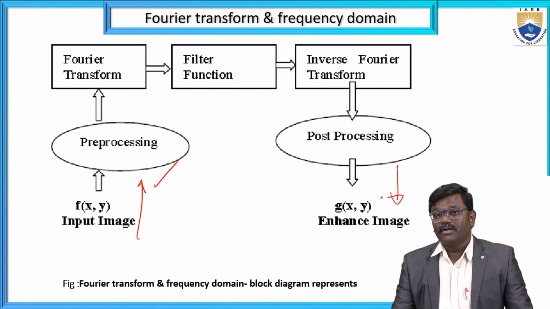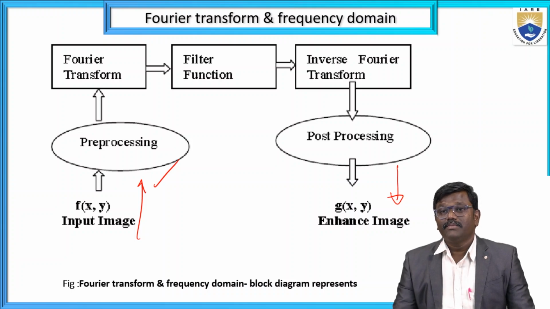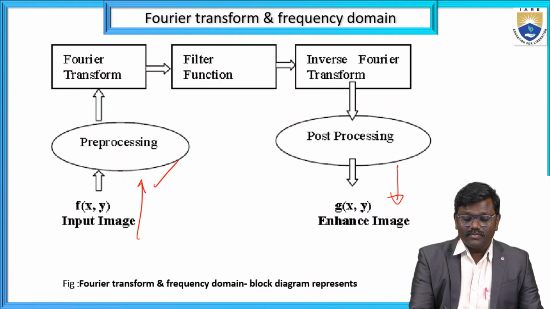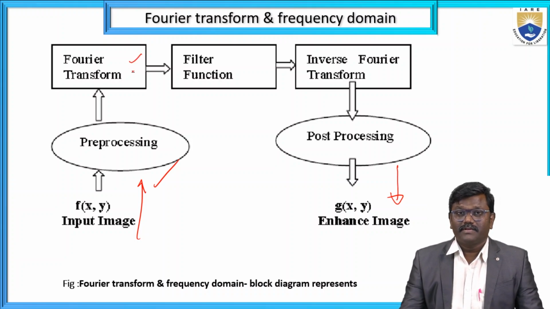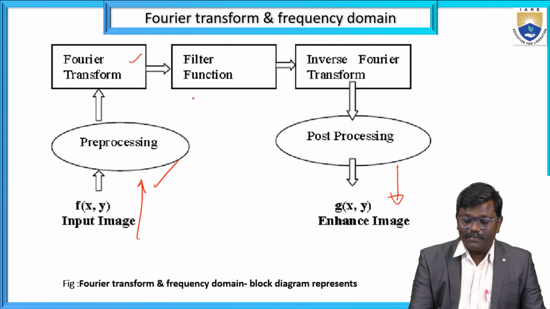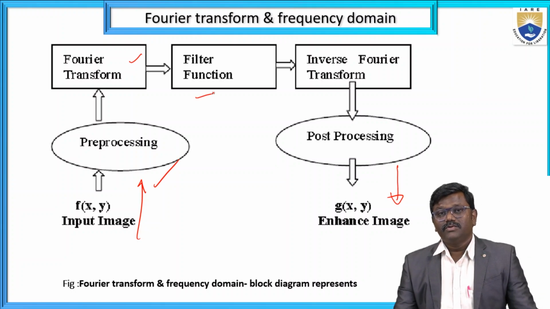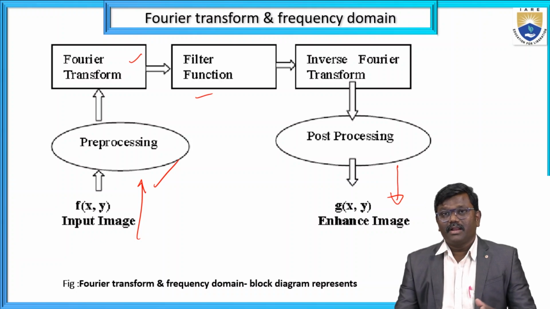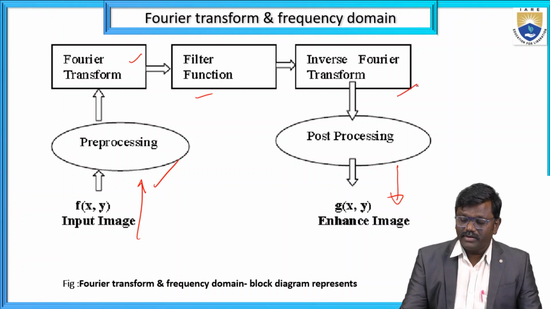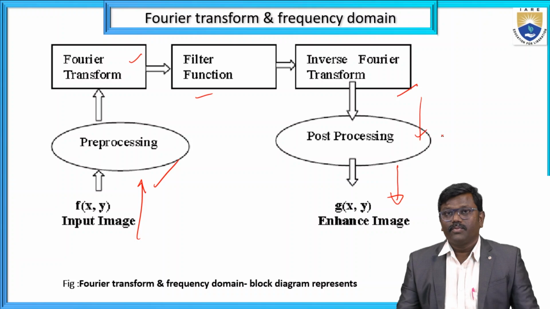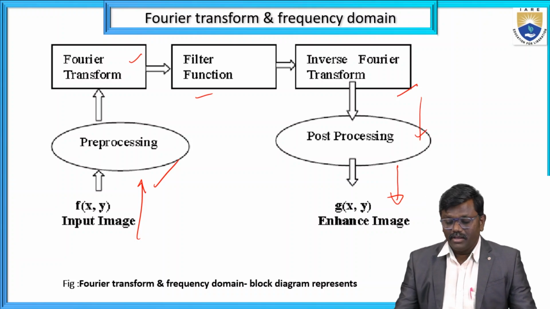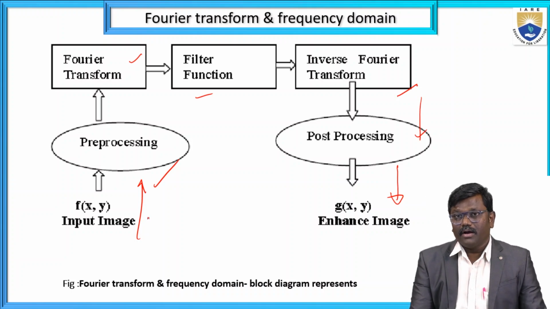One application is called enhancement in image processing, and we also call it the restoration process of an image. Here we apply the Fourier transform using its properties, and we apply the filter function, selecting from the filters we listed. Then we apply the inverse Fourier transform, and you get the post-processed result g of x y.